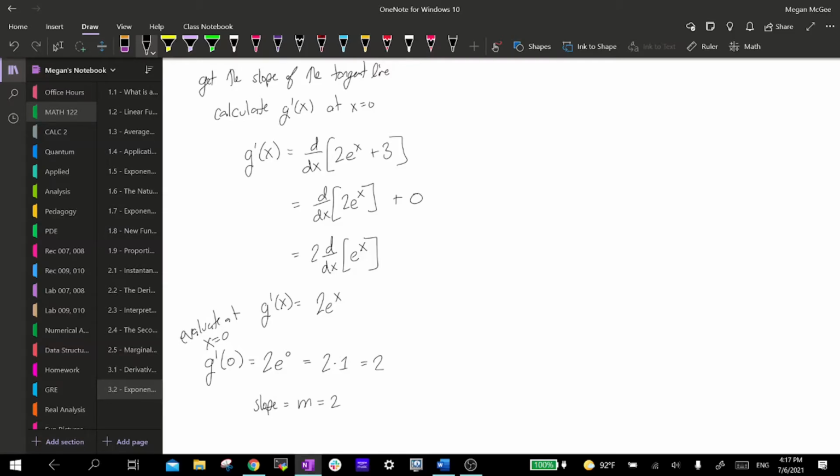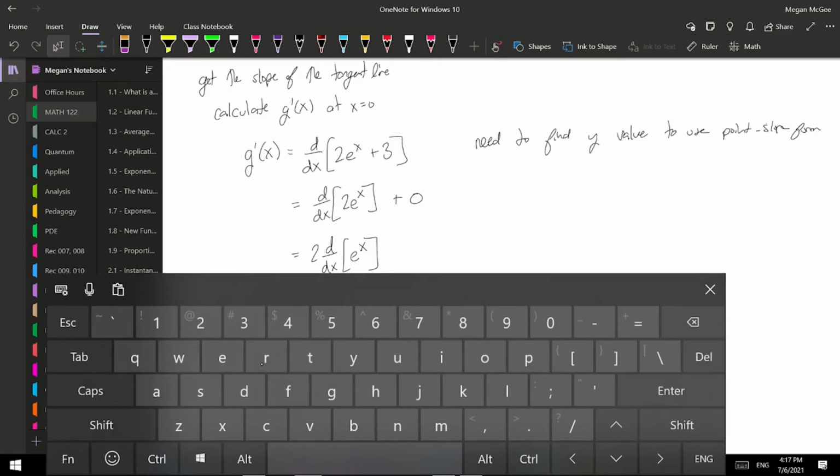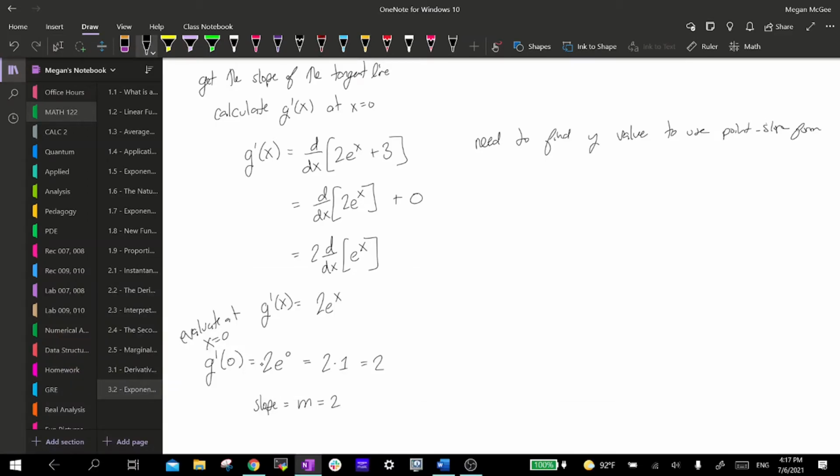We have the x value, but we need to find the y value to use point-slope form of a line. And we find the y value by evaluating the original function at the x value.